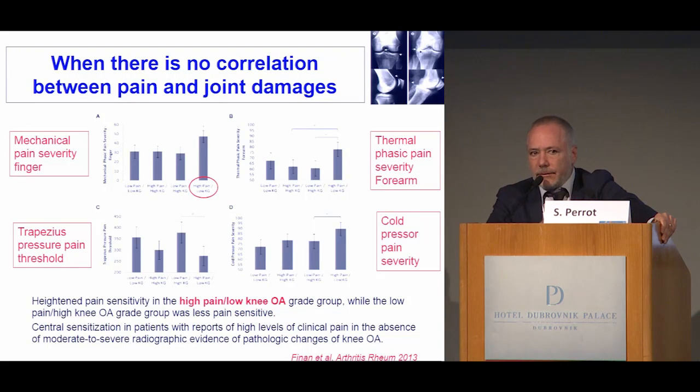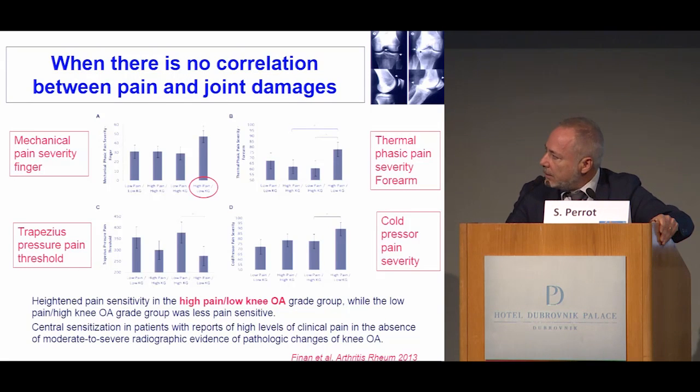And in these patients with discrepancy between pain and damages, that's the group where we can see the more central sensitization, the more decrease of pain threshold, mechanical pain threshold especially.